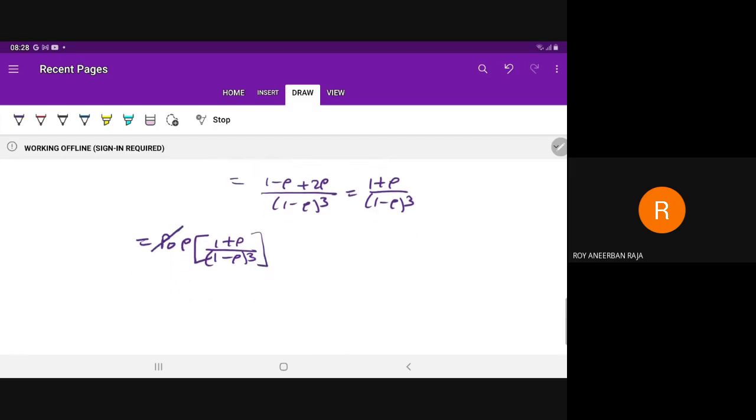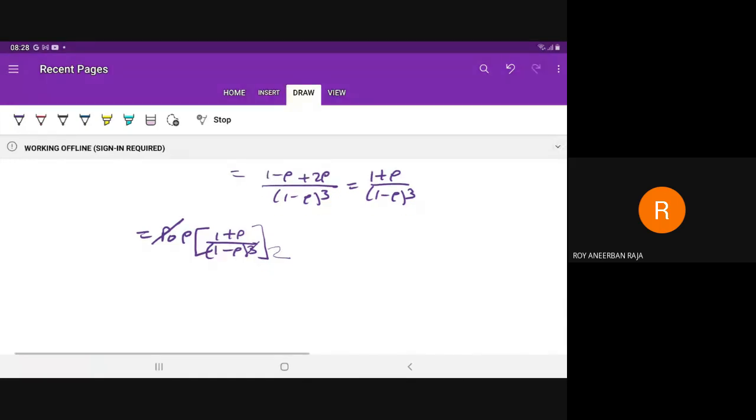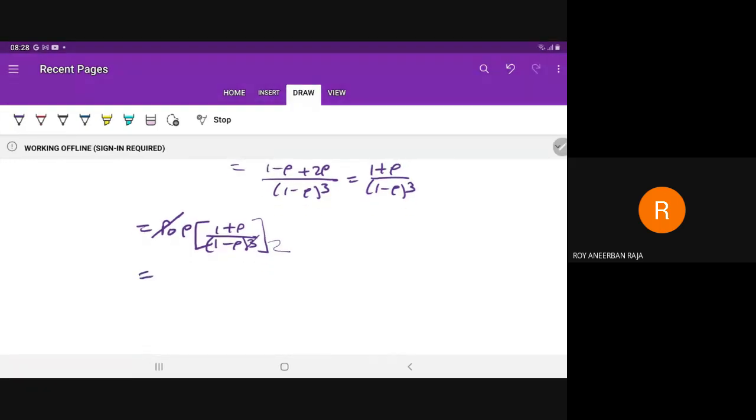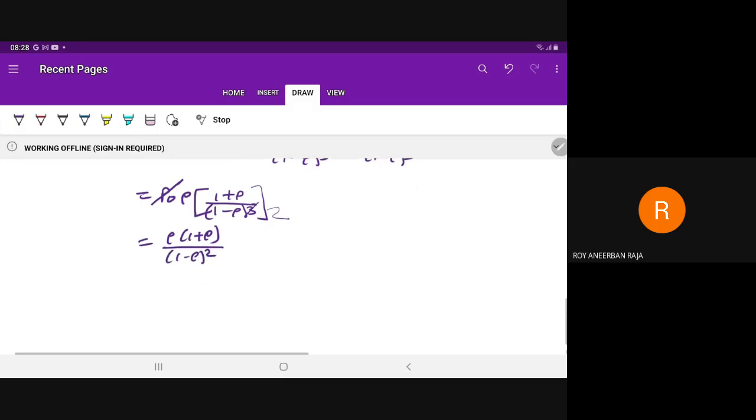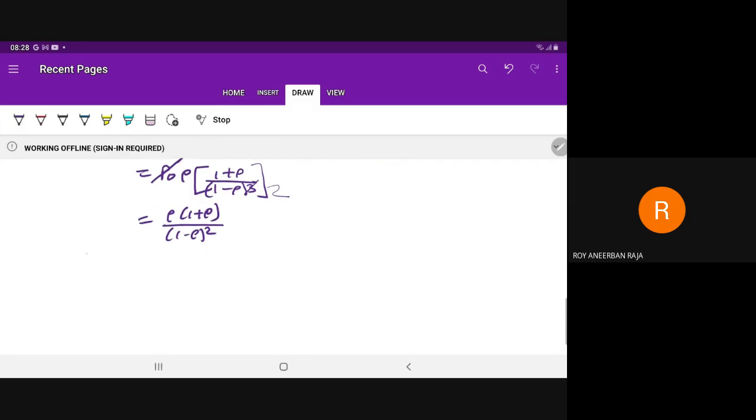So this P naught and this will cancel out. So it is ρ into (1 plus ρ) upon (1 minus ρ) whole square, because P naught is 1 minus ρ. That is the value of the E(n square).